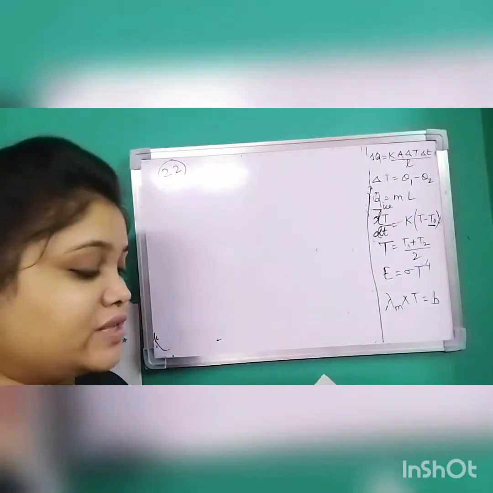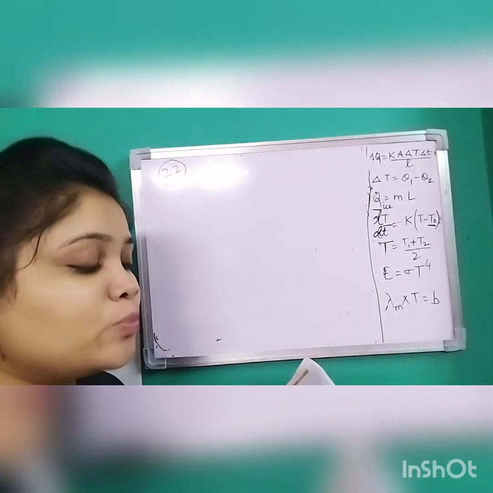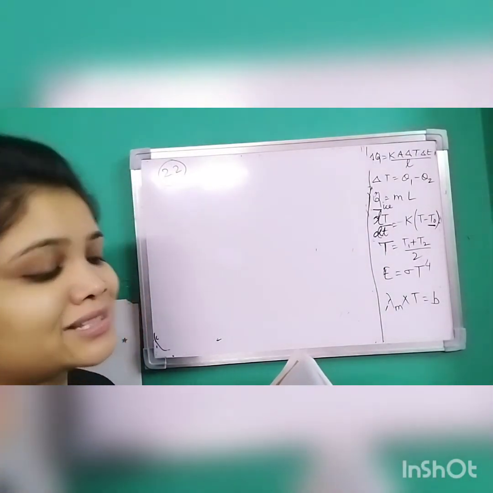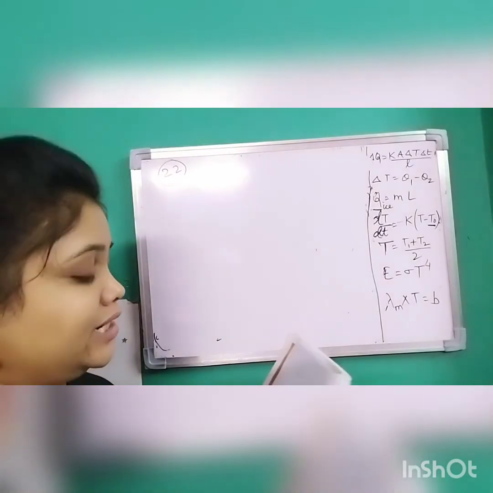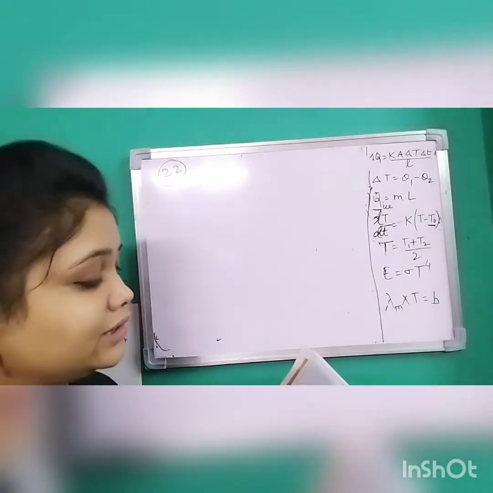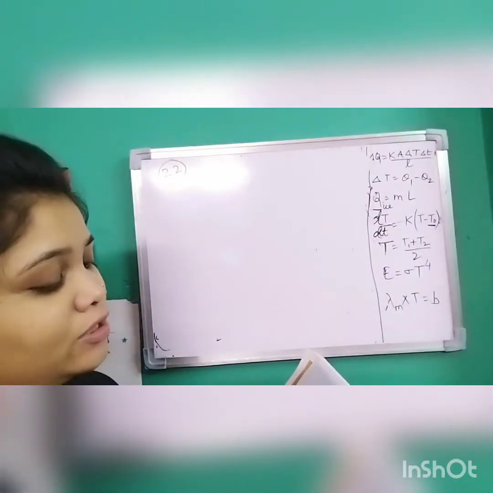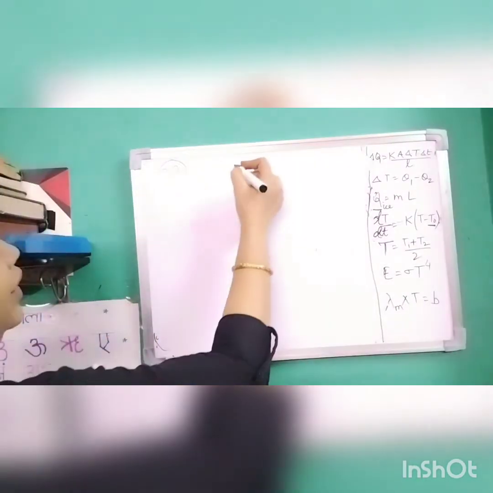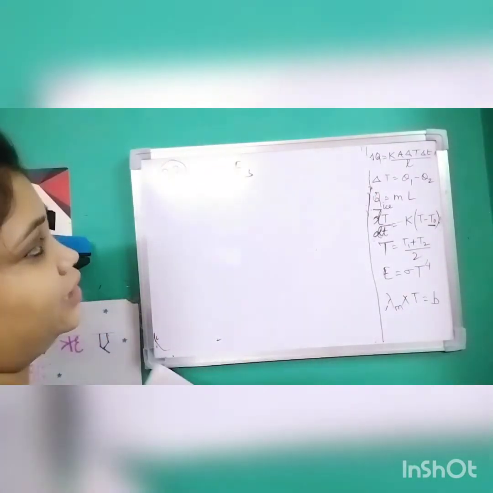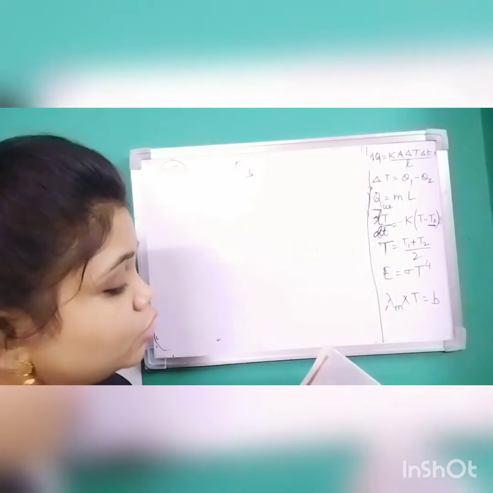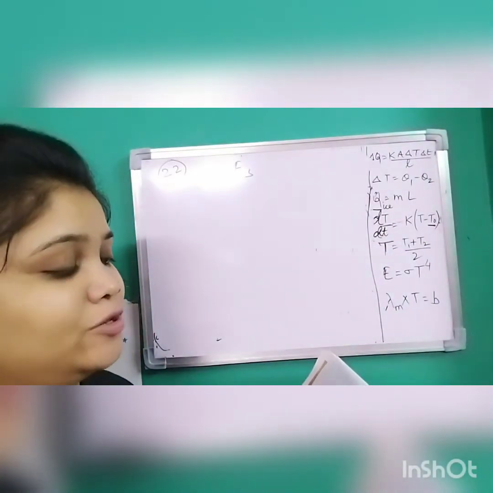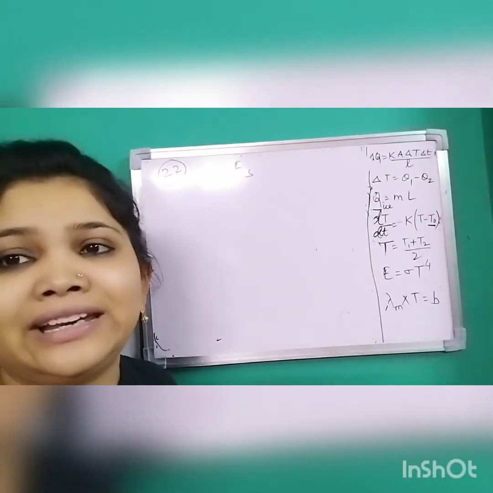Sum number 22: it's given that the luminosity of Regal star in Orion constellation is 17,000 times that of the sun. Let us take the radiant energy of the sun as ES. Luminosity is nothing but the radiant energy.